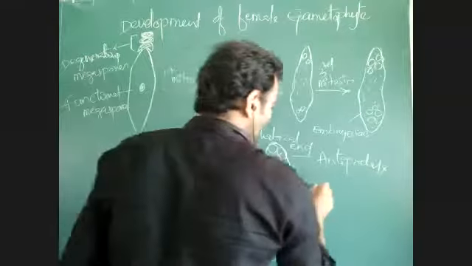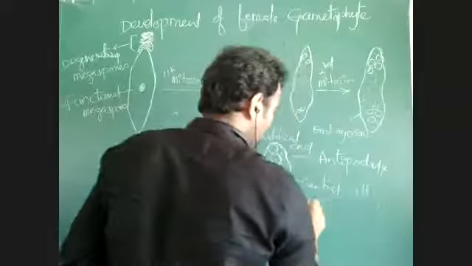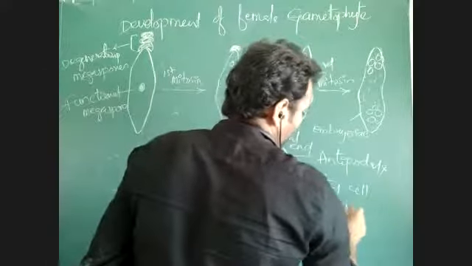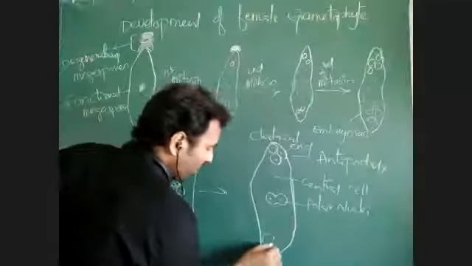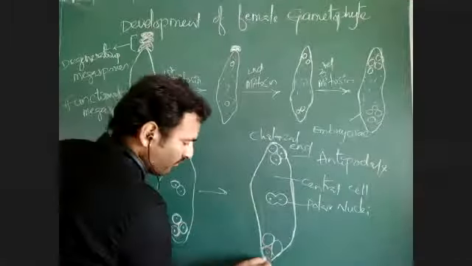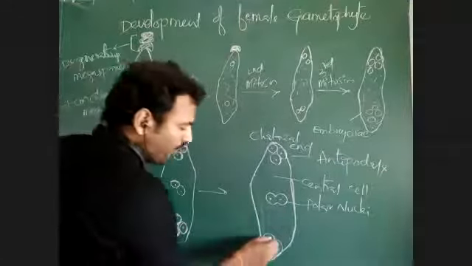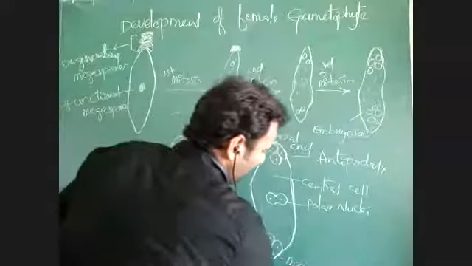And there is a large central cell with polar nuclei, which is diploid, and 3 cells present here which mature at the micropylar end.